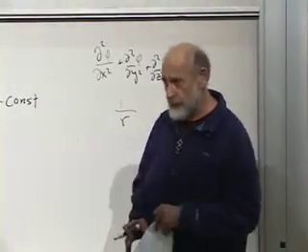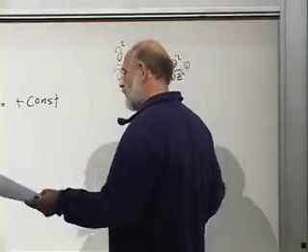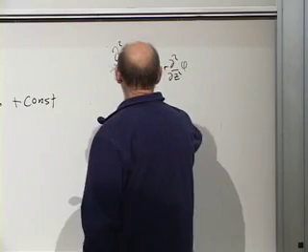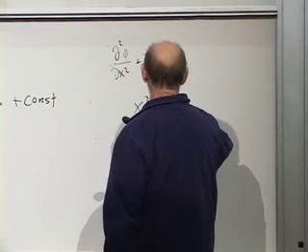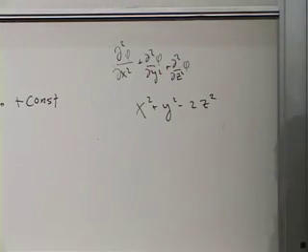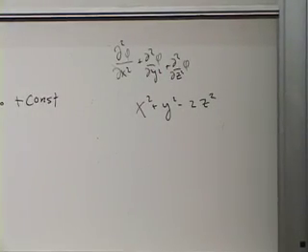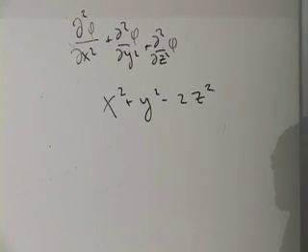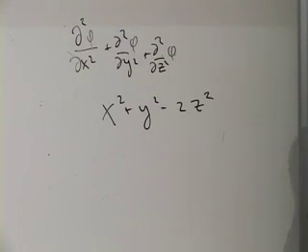Let me write down one function with that property. Take x squared plus y squared minus 2z squared, and call this phi. What's the second derivative of this with respect to x? 2. How about with respect to y? 2. How about with respect to z? Minus 4.